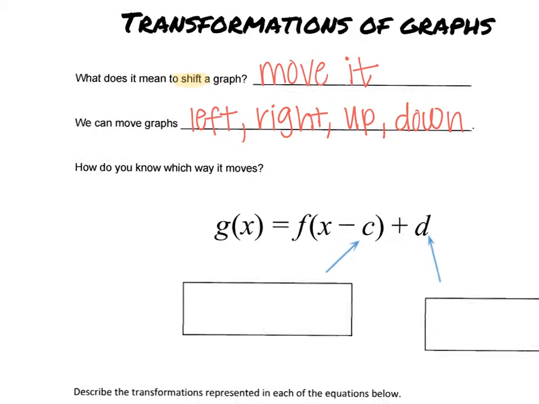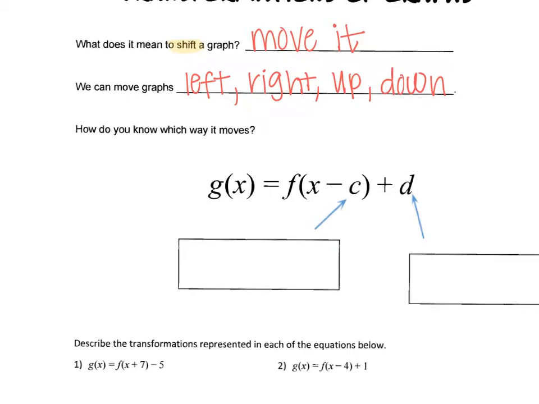If we look at which way a graph moves, they gave us this function, g of x equals f of (x minus c) plus d.